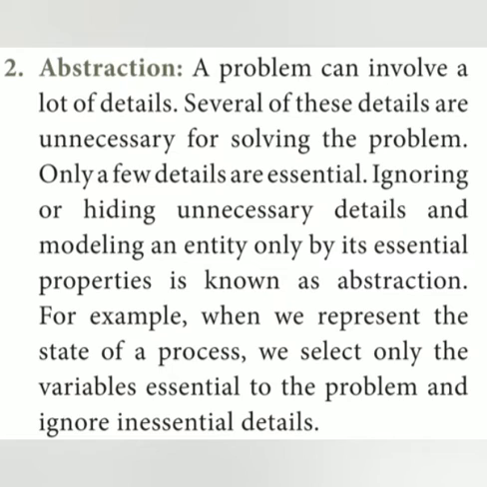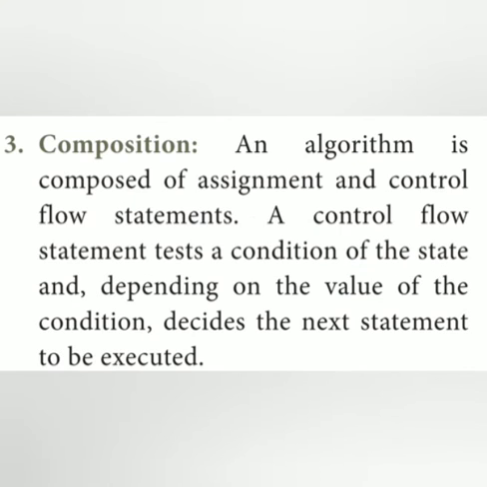We avoid the unneeded things and show only the needed things. For example, when we represent the state of a process, we select only the variables essential to the problem and ignore inessential details.